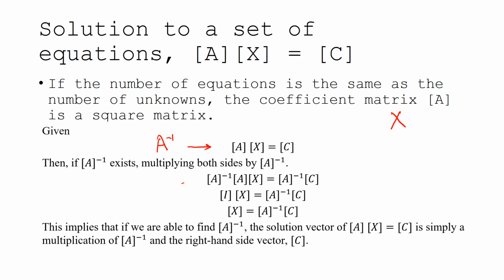A inverse times A gives us the identity matrix, and on the right hand side we still have A inverse times C. Identity matrix times any vector or any other matrix gives that matrix again, so I times x gives us x. So we have x alone on the left hand side, and the right hand side is now A inverse times C.